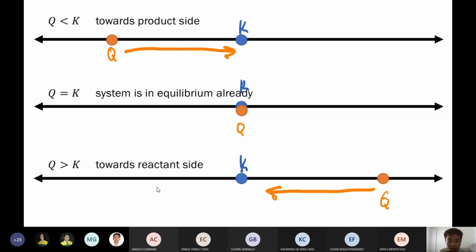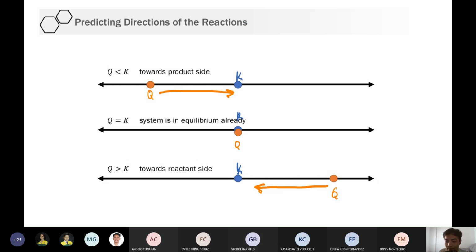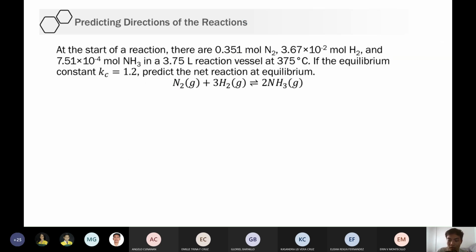So going to the left or towards the reactant. But if your Q and K are equal, then balance na yan. Wala nang mangyayari sa reaction. At peace na yan. Okay, so let's answer the last two problems na involve itong predicting the direction of reaction. Last two items tayo.